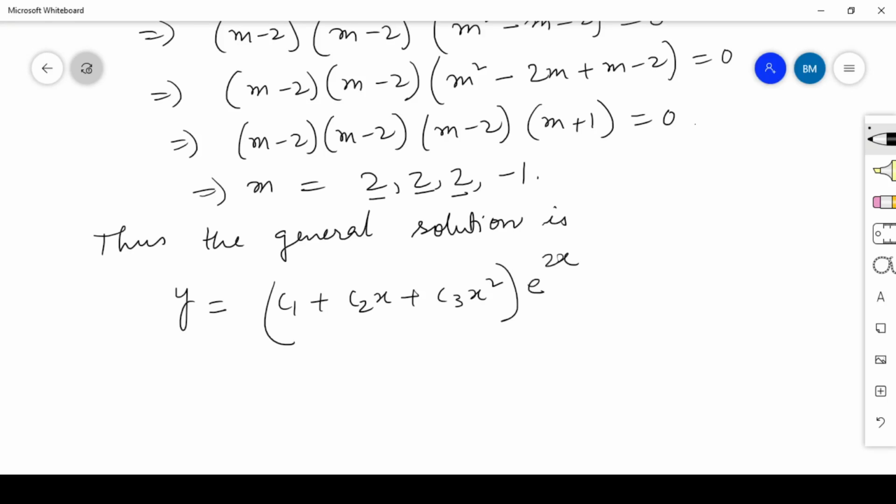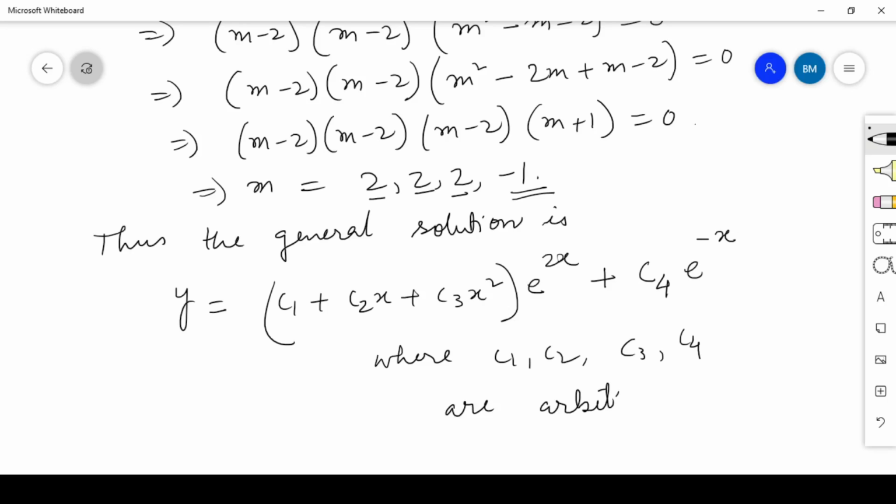Accordingly, this is the part of the general solution, plus the remaining one is non-repeated, minus 1, so I shall put c4 e to the power minus x, where c1, c2, c3, c4 are arbitrary constants.